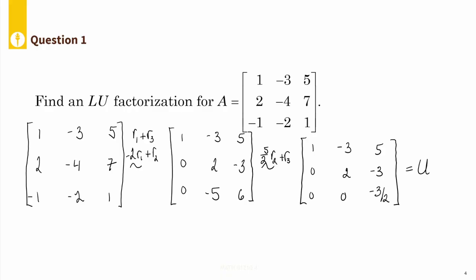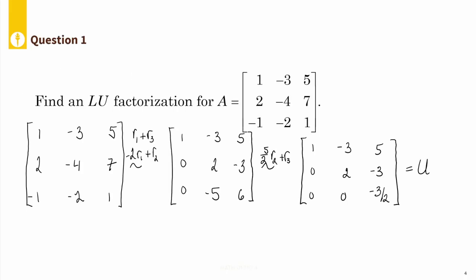And you do the same thing for each of the stars. 3-1 entry, what did you multiply by to zero it out? 1. So the L entry there is negative 1. And then that was a 5/2, so negative 5/2.